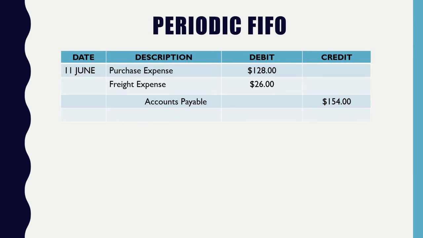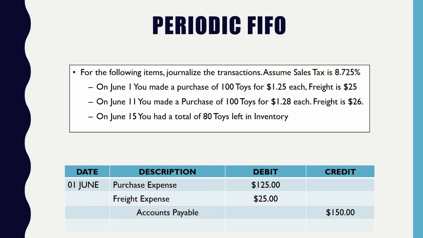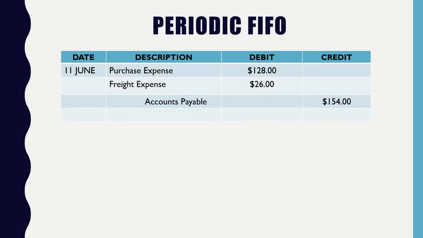So the next scenario, right, is that on June 11th, you made another purchase of 100 toys at $1.28 each, and freight was $26. Okay, so let me go ahead and skip forward.